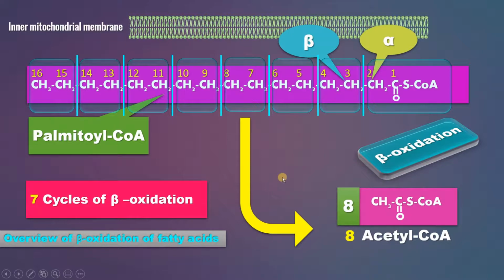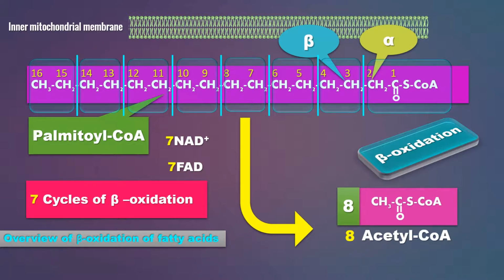Besides this, since this is an oxidative pathway, here the fatty acid undergoes oxidation. An oxidation reaction is almost always coupled with a reduction reaction. Here the coenzymes derived from two water-soluble vitamins, that is niacin and riboflavin, act as oxidizing agents.